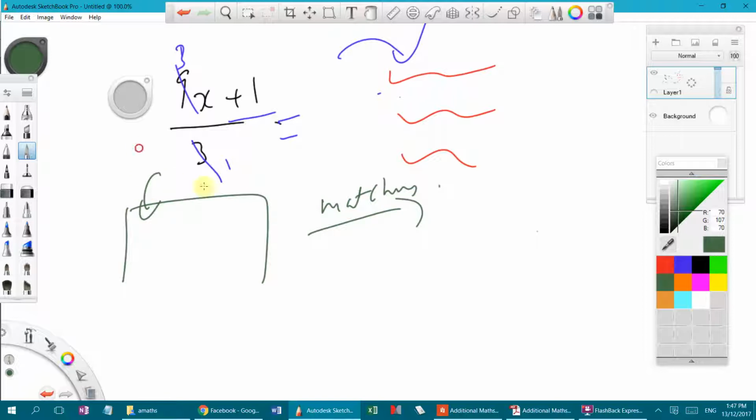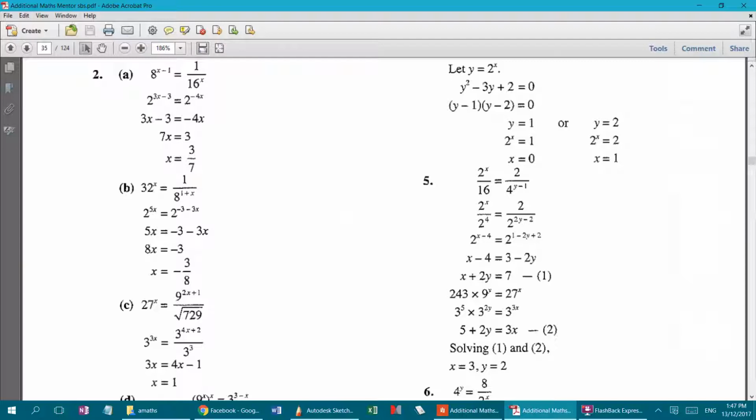Not just on this kind of rules. There are a few techniques on how to solve as well. For example, we can make it identical, so maybe something a little more complicated, like over here.